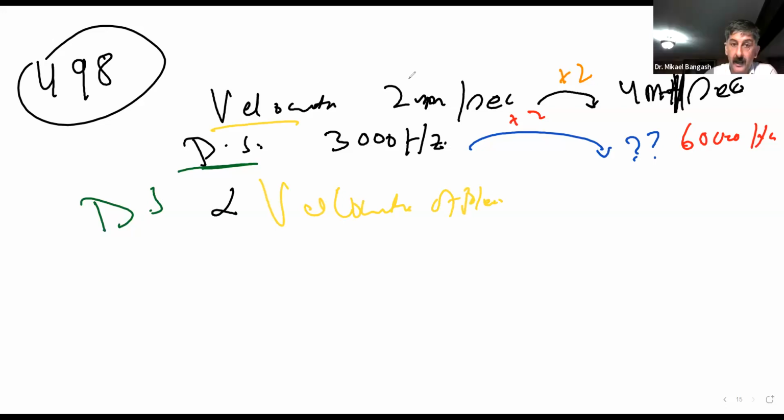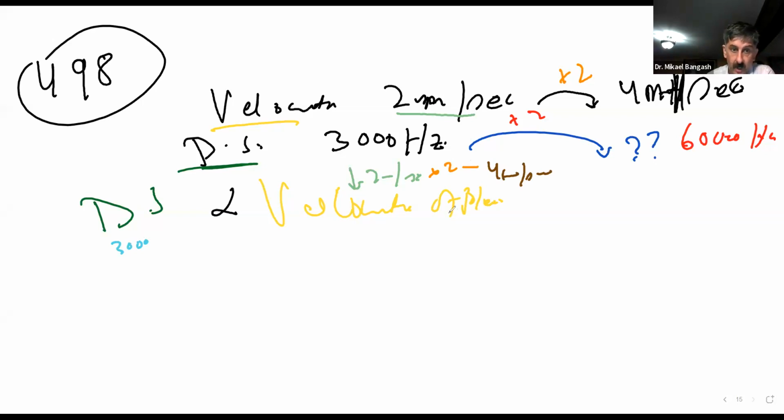So first we started at a low velocity, which was 2 meters per second. We doubled that to get a velocity of 4 meters per second. But to begin with, that 2 meters per second just gave us a Doppler shift of just 3000 hertz.